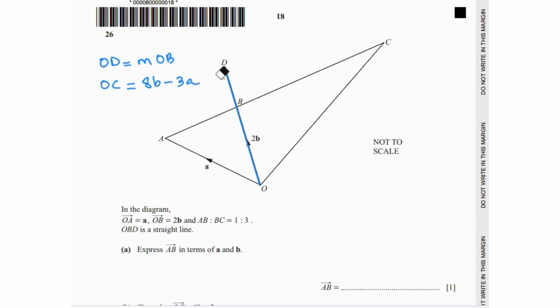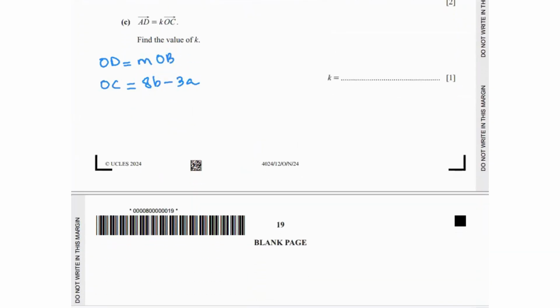So now if we scroll down, AD equals k times OC. AD is going to be OD minus OA. OD is m times OB and OA is a.